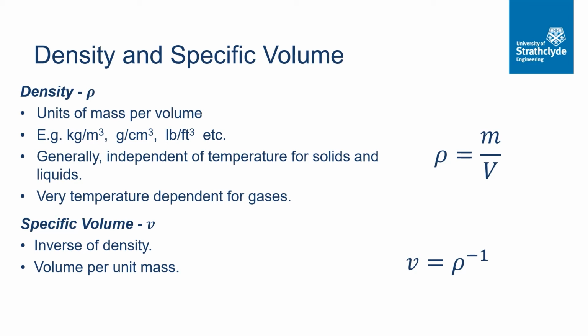And that can be given in the form of meters cubed per kilogram, centimeters cubed per gram. You'll notice that the units that can be presented for our specific volume are the inverse of the units given for our density. And to present our specific volume, we can also present it as the inverse of density, which is simply V over M.